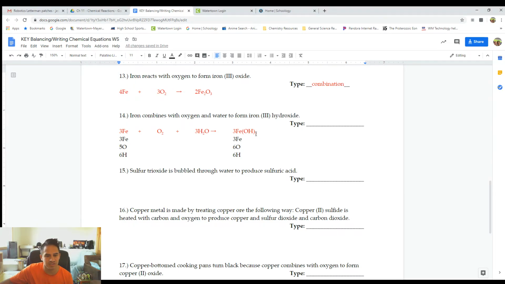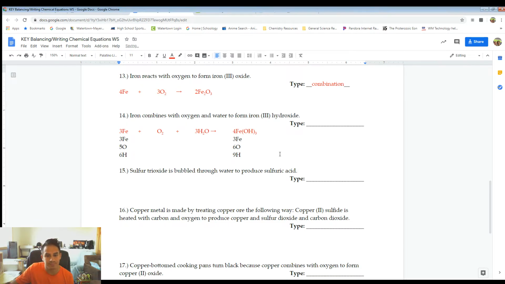Hydrogen, this is 3 times 3. That gives us 9 hydrogens there. Now over here, we only have 2, and we can't multiply 2 by a whole number to get 9. We have to multiply by 4.5. So just by doing this, I can already tell you that putting a 3 here isn't going to work. So let's go to the next one.